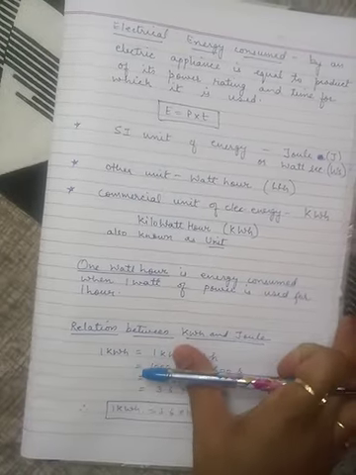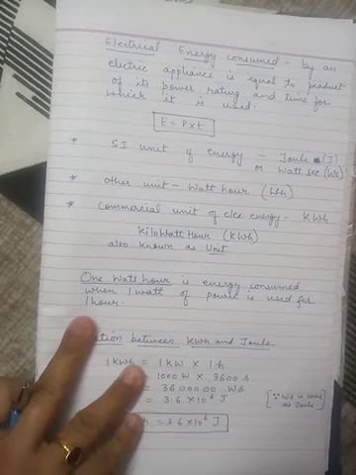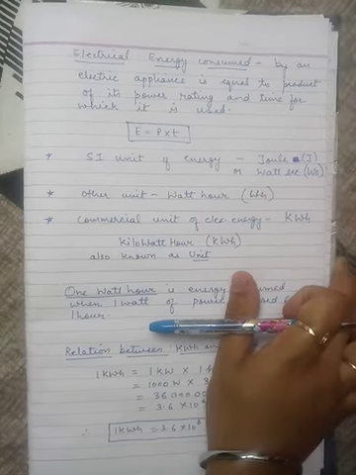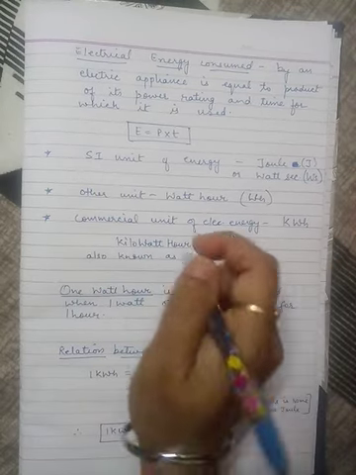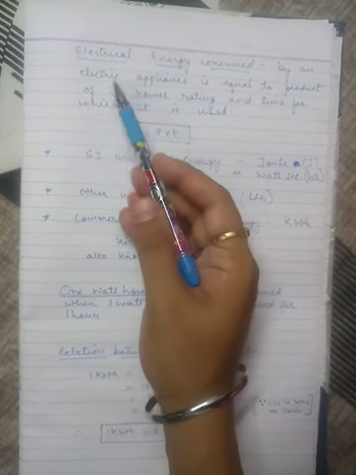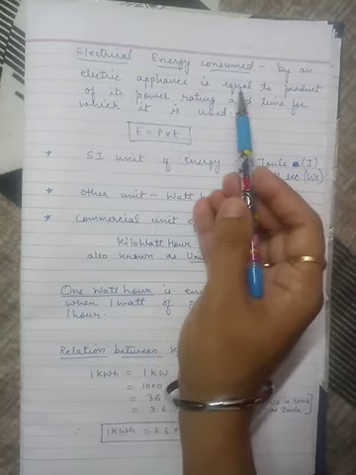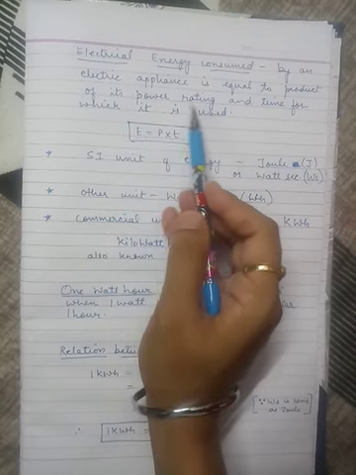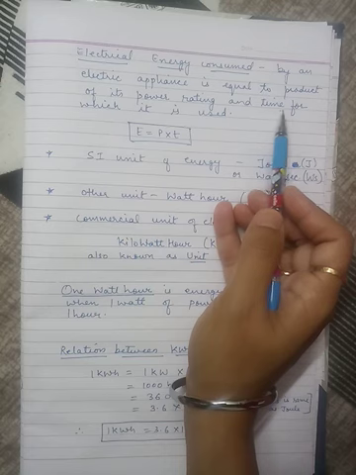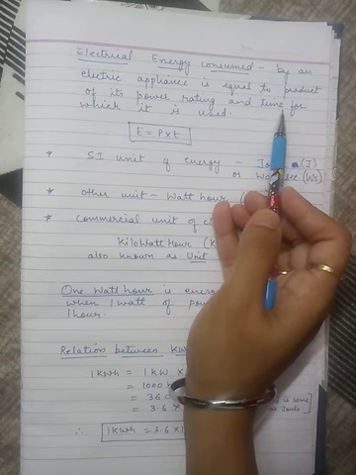Next comes the definition for it. How will we define electrical energy consumed? It is defined as the energy consumed by any electrical appliance, which is equal to the product of its power rating and the time for which that device is being used, right?